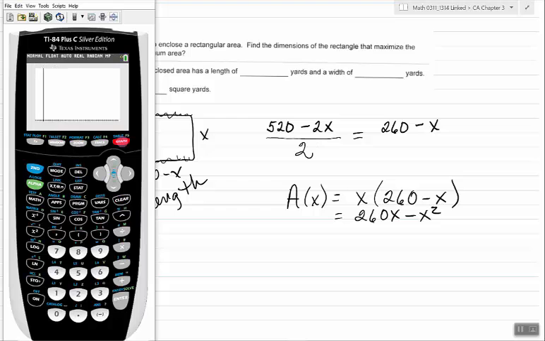Let's just see. This was the leftover window. Not good. All right, this is really big. So I'm going to change my x max to about, I'll make it about 300. And I'm going to make this be about 5,000.